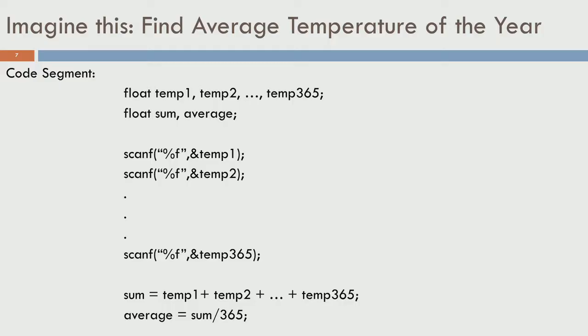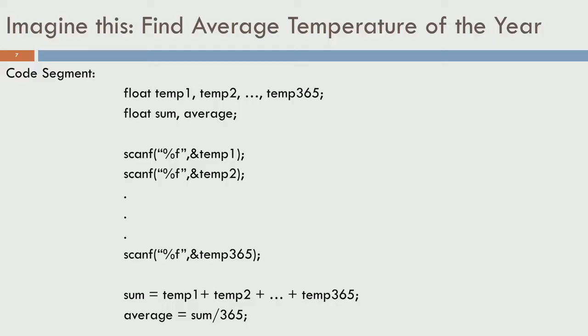So, there is first of all 365 days, I will need 365 variables, float temperature 1, temperature 2 and so on up till temperature 365. I will need all these declarations. So, even though I showed dot dot dot, you really need so many declarations, and then I am going to find the sum and therefore find the average.